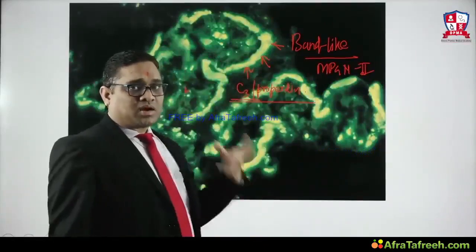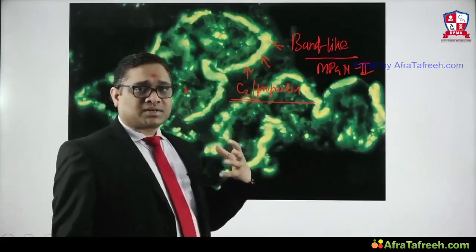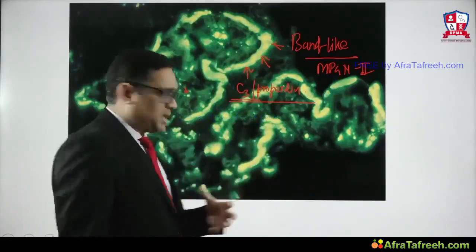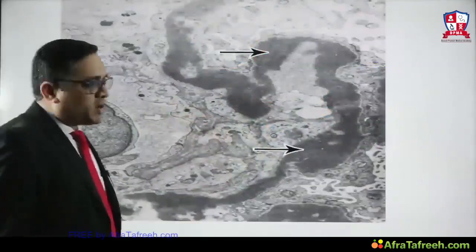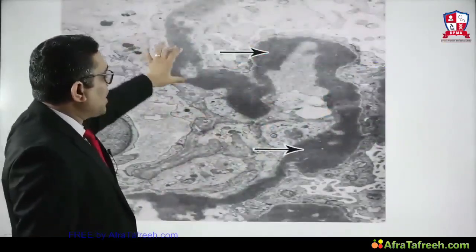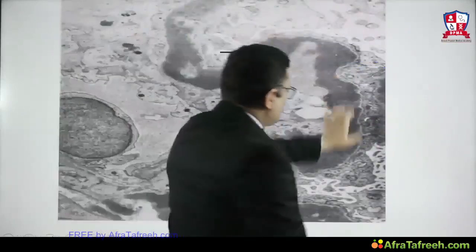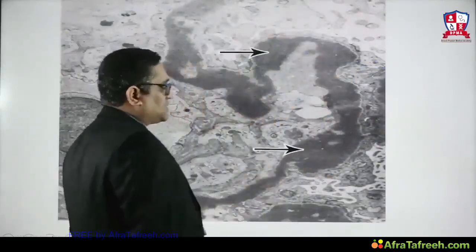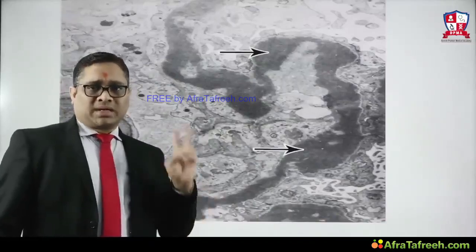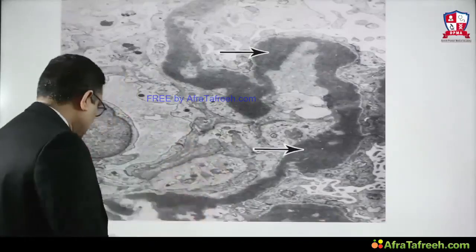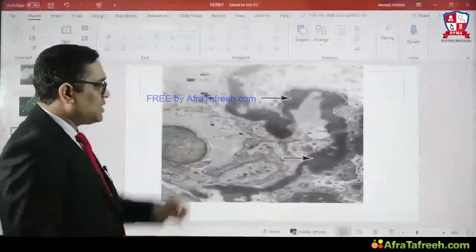These C3 and properdin are dense deposits, so they are also known as dense deposit disease. On electron microscopy you can observe how dense and thick the immune complex deposit is. So this is called dense deposit disease, C3 glomerulopathy, or type 2 Mpgn. So these are important points about Mpgn.